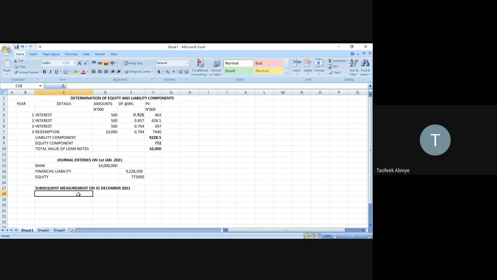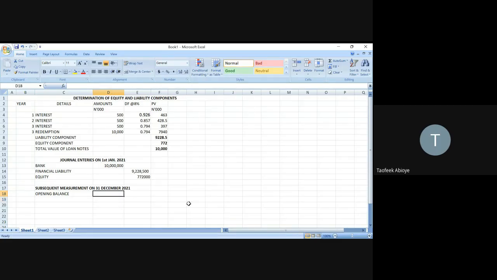So what are we going to do? We are going to have opening balance. I know we will remember now if I use it. After opening balance, we have effective interest rate. Finance income.